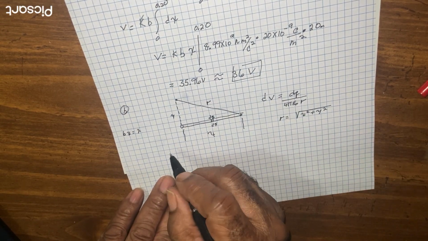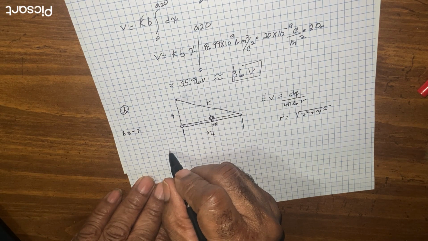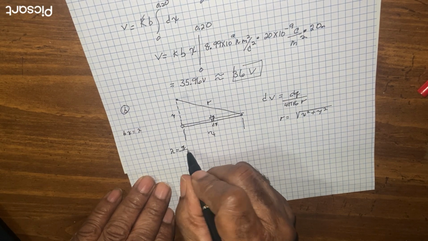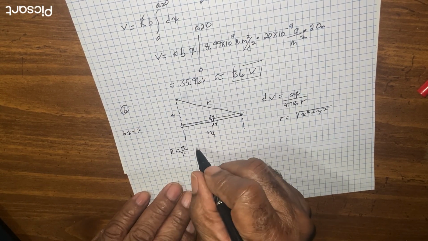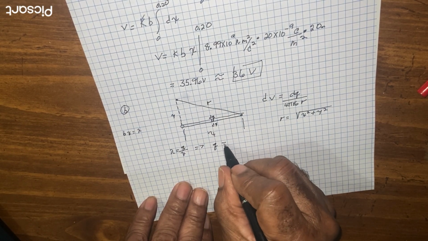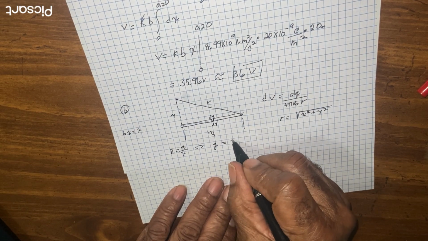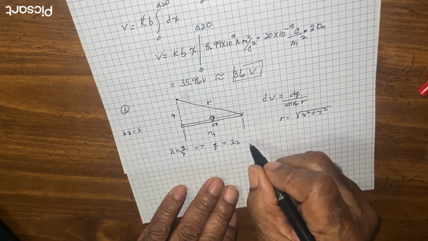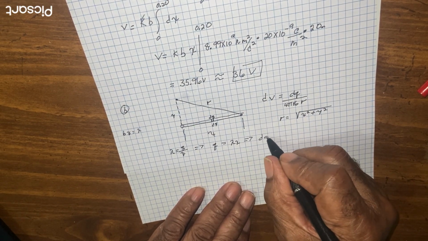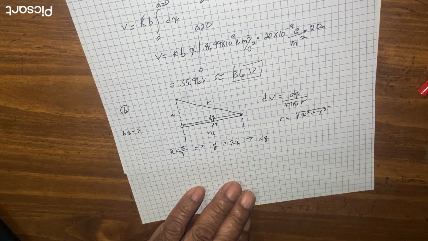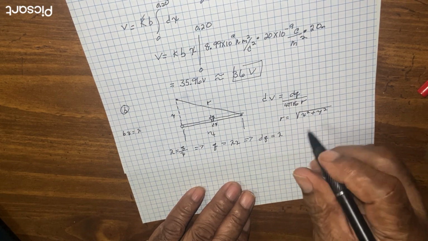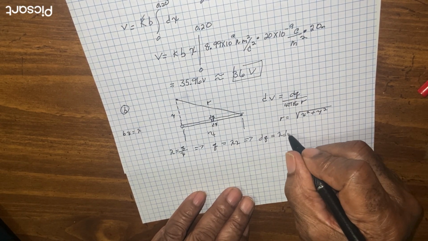So lambda equals q over x. So q is equal to lambda x. dq is equal to lambda dx.